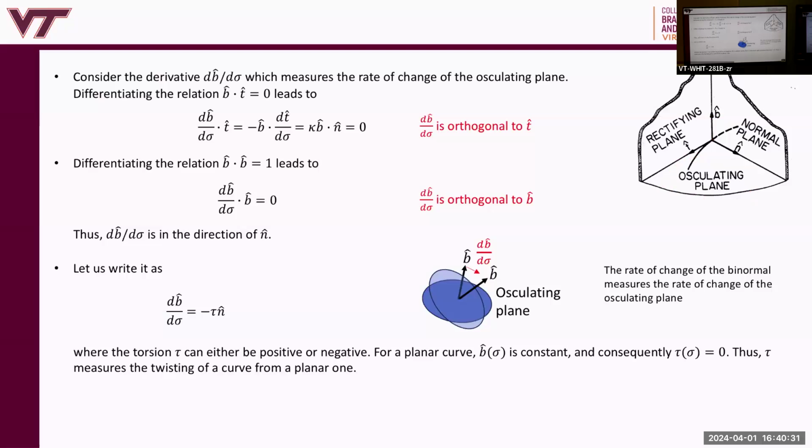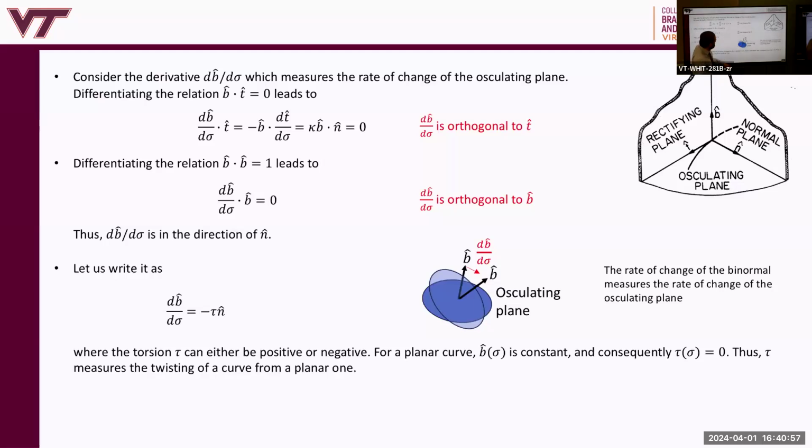If the osculating plane never changes, if it's always the same planar surface, then b will always be constant. But if the osculating plane is tilting, then the b vector is going to start to change. So if we measure the rate of change of the b unit vector with respect to sigma, then we also measure the rate of change of the osculating plane.